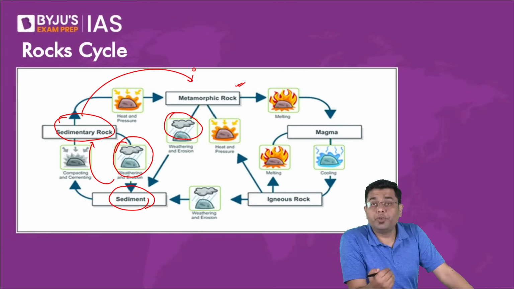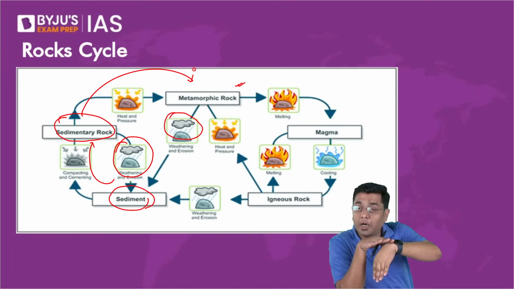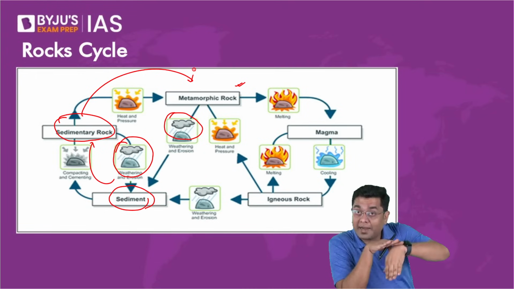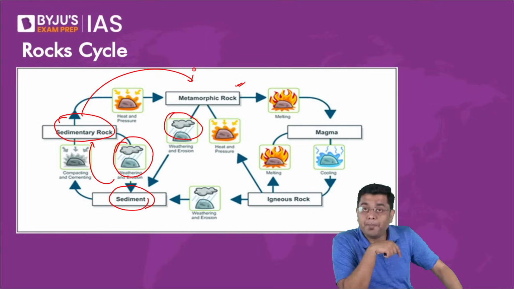Now, let's suppose due to the movement of the rocks, the movement is such that one portion of the crust goes underneath the other portion. Now, there it will melt as it goes underneath the other portion of the crust at a depth. Due to high temperature, it will melt, it will form magma.